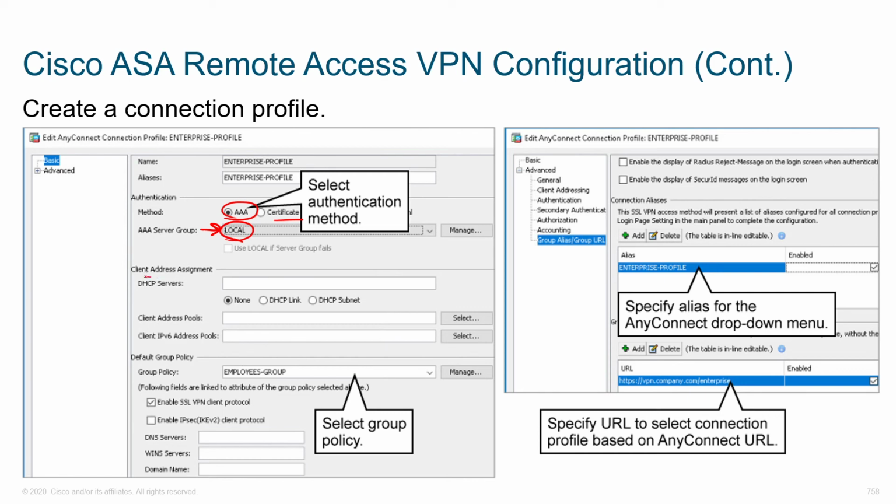For client address assignment, do we want to use DHCP servers? Do we want to use a pool? Do we want to bother with IPv6? Again, this is a connection profile. This is talking about authentication, getting some addressing perhaps. After we get past the basics, we jump into this group policy to define the rest. So anyone who authenticates with the enterprise profile is going to be passed to the employees group.